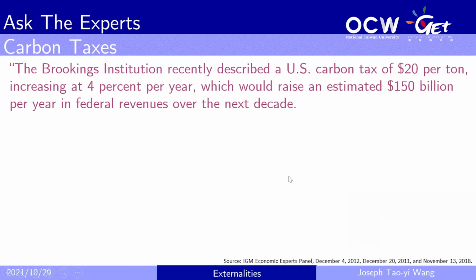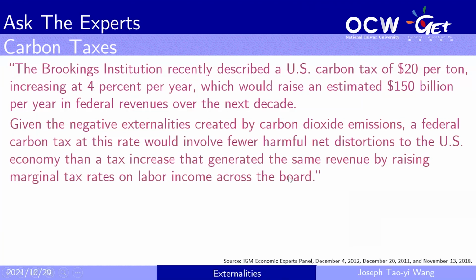The question asking the economists is, given the negative externality created by carbon dioxide emissions, a federal carbon tax at this rate would involve fewer harmful net distortions to the US economy than a tax increase that generates the same revenue by raising marginal tax rates on labor income across the board.